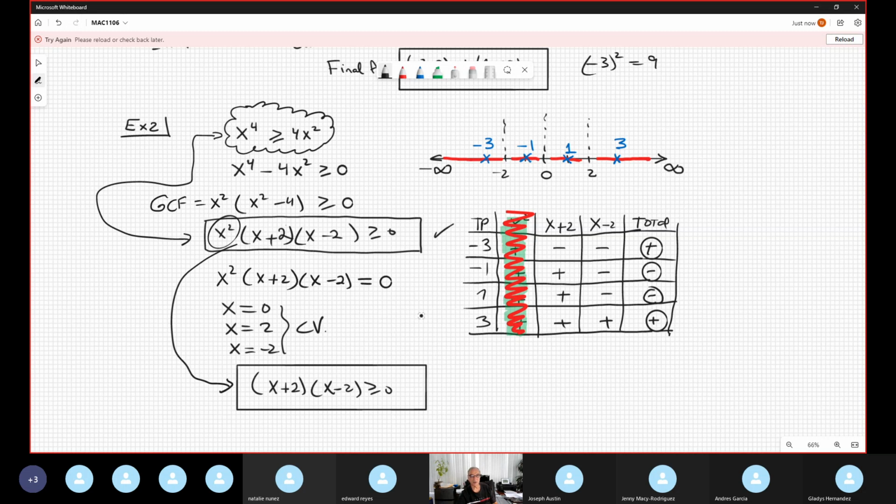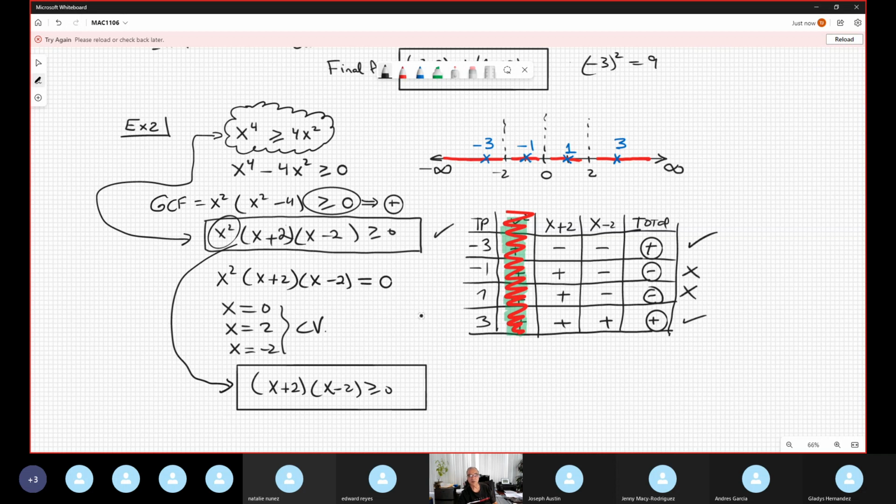Now I come back to the original. I see that the symbol that we use in our inequality is greater than. Greater than is synonymous with positive. The positive is true, and the negative is false.